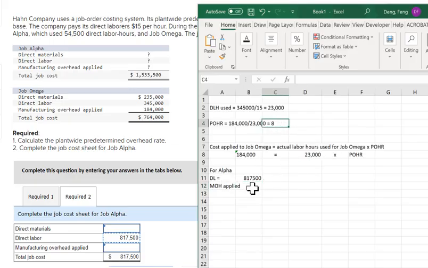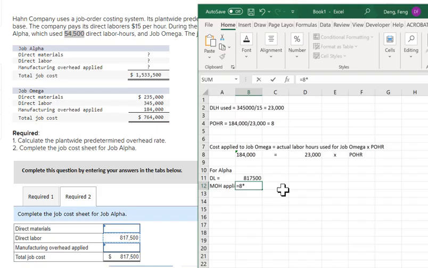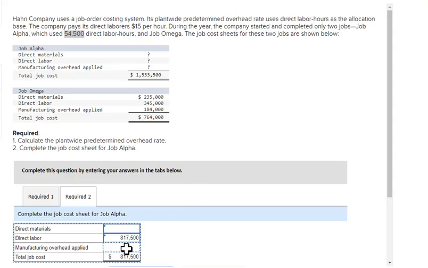So that equals $8 times how many labor hours? 54,500. That's the labor hours we use for Alpha. All right, so that gave you $436,000 on that one.